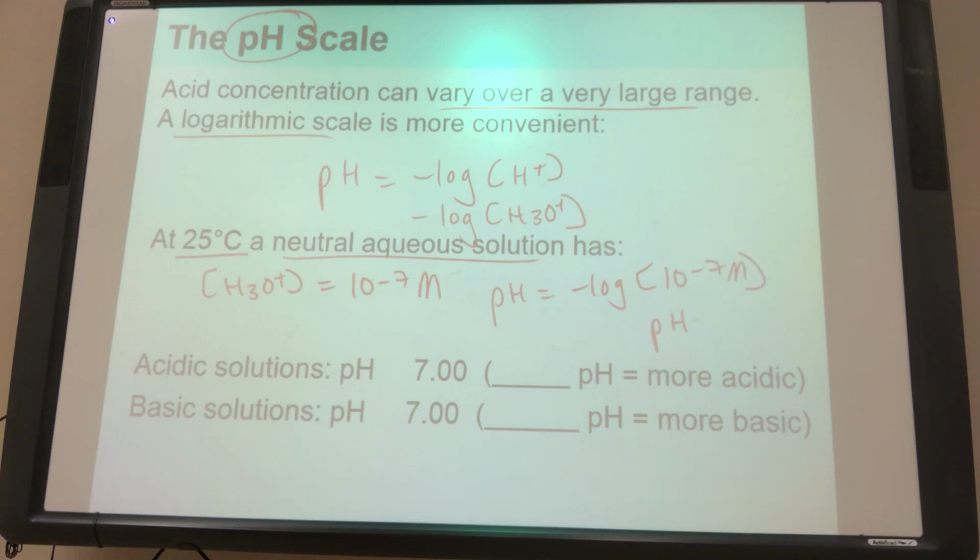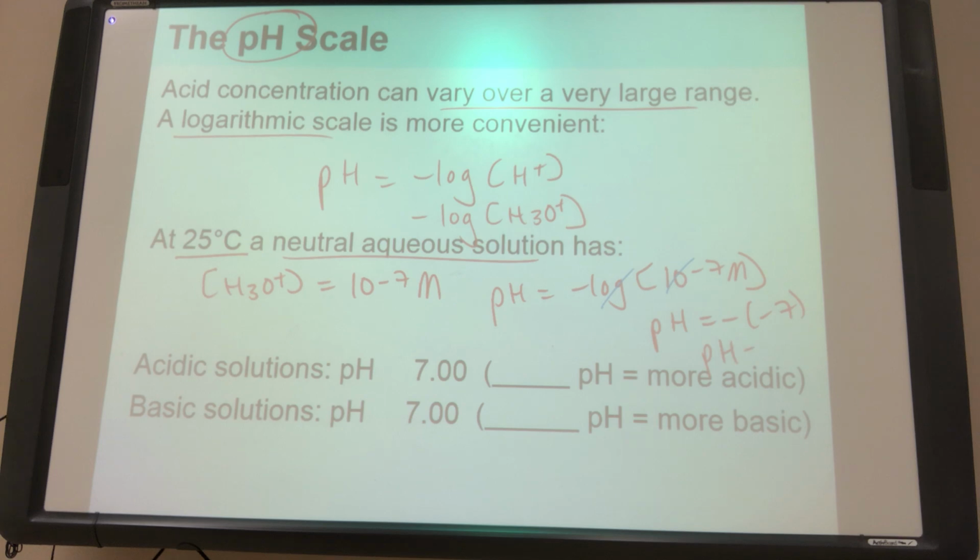If I do just the log of 10 to the negative 7, that's negative 7, because the log and the 10 cancel. So if you take the log of 10 raised to some power, you just get the power, negative 7.